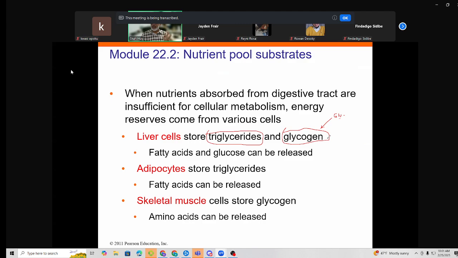So when we need to make energy, the glycogen has to be broken down, and this breakdown of glycogen is called glycogenolysis. Glycogenolysis is the process by which we break down glycogen and get glucose, and this glucose will be subjected to the reactions to produce the energy.